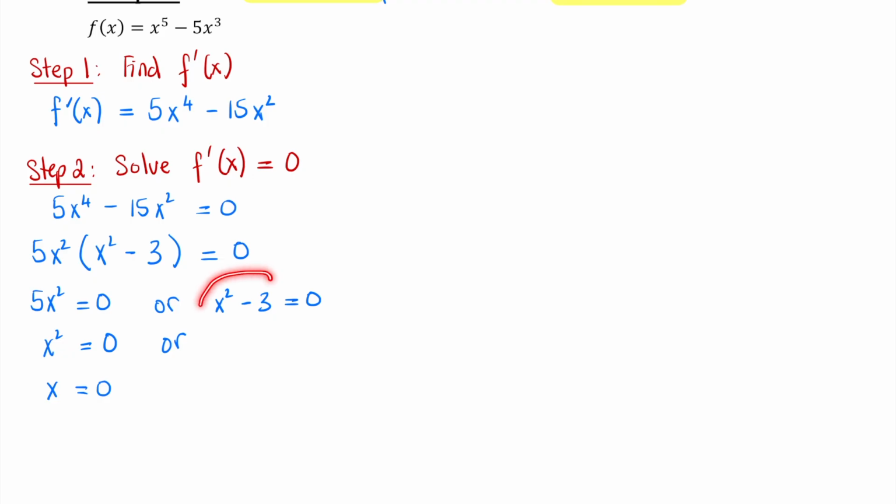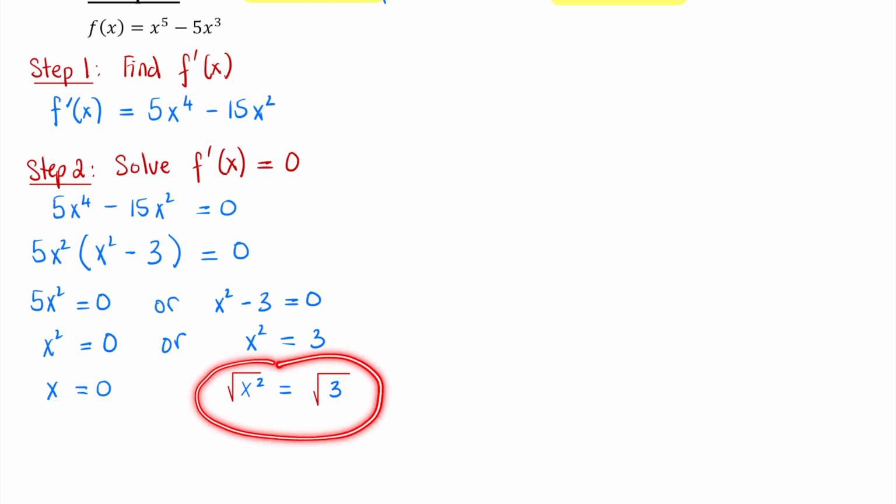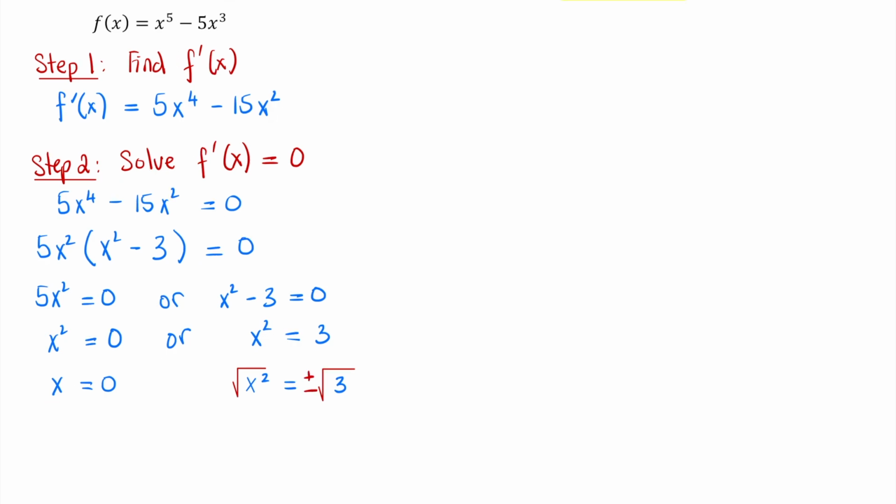To solve for x from this equation, I first add 3 to both sides. So I have x squared equals 3. Then I take the square root of both sides. Now, when you take the square root of both sides of an equation, do not forget the plus or minus.